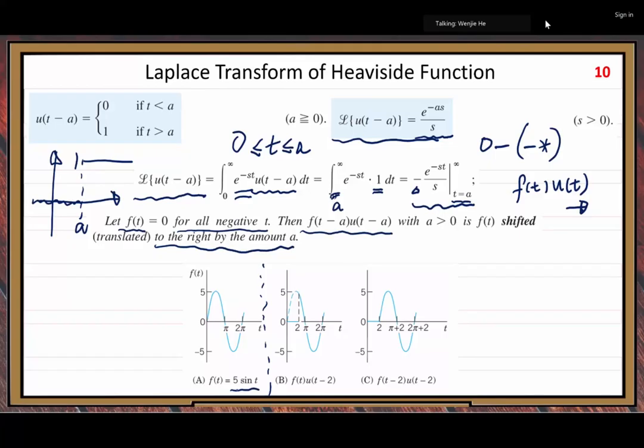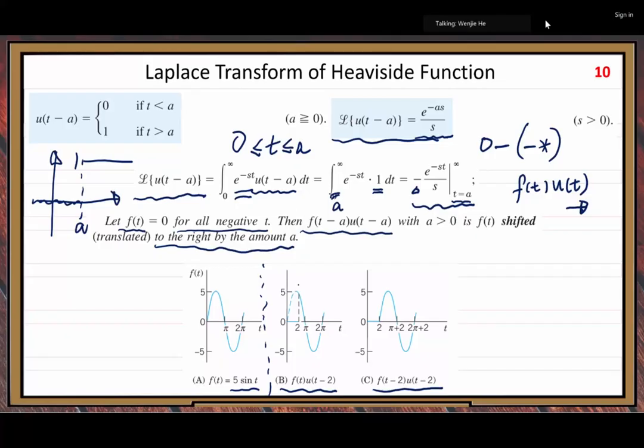Let's compare two different ways of shifting. The first way, we do not shift the f, but we shift the u function 2 units to the right.